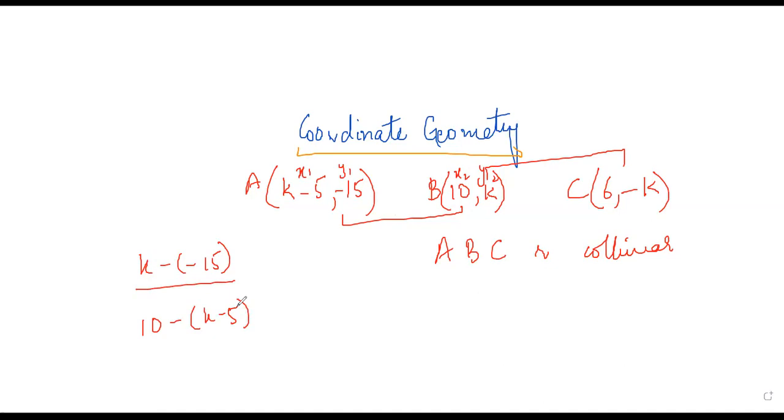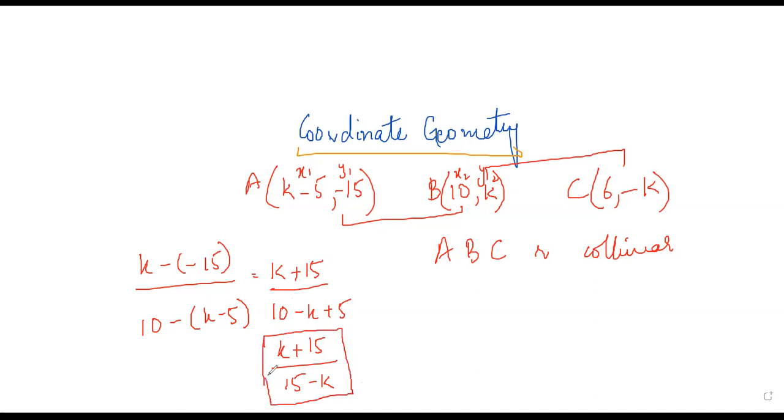But instead of k minus, with the bracket, minus 15, I put k plus 15 because I just did it directly. Okay, you did it directly. K plus 15 over 10 minus k plus 5. Exact same thing. So the final gradient of AB is k plus 15 over 15 minus k. That's the gradient in the form of k, obviously, since you're putting it in the formula.